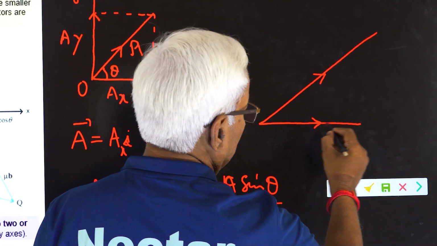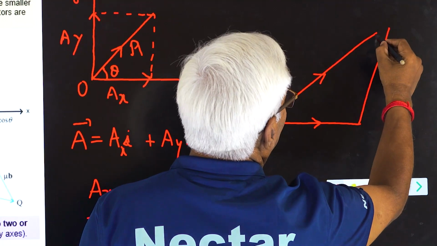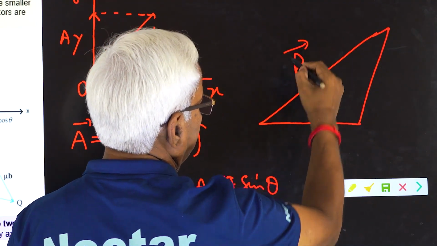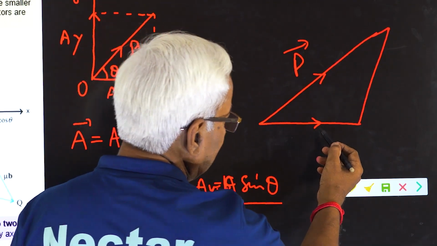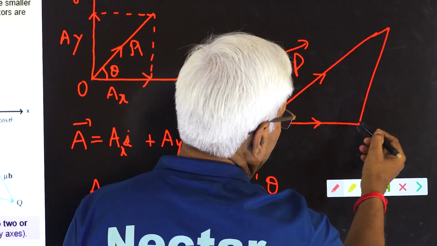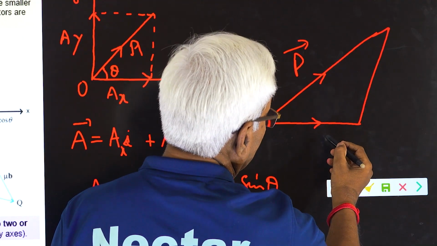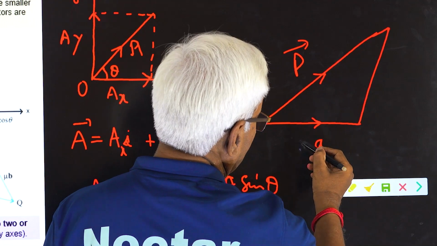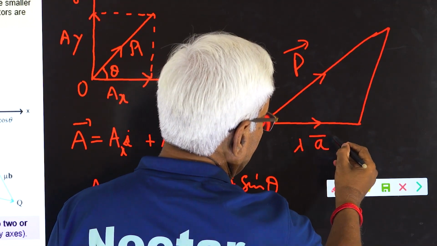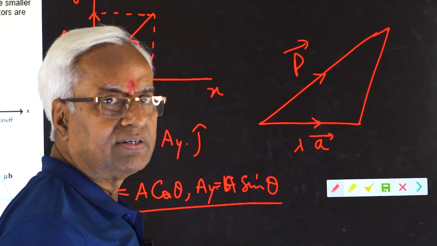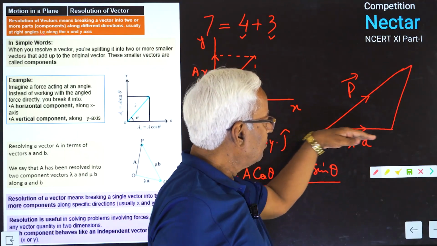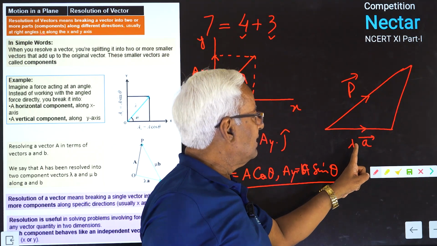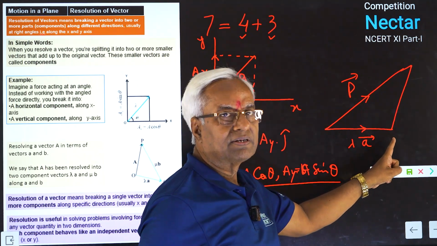Suppose you have one vector, say this is vector P. Here you are taking some vector, lambda A. A is a vector, and the direction of vector A is along this axis, but A when multiplied by lambda becomes equal to this vector.